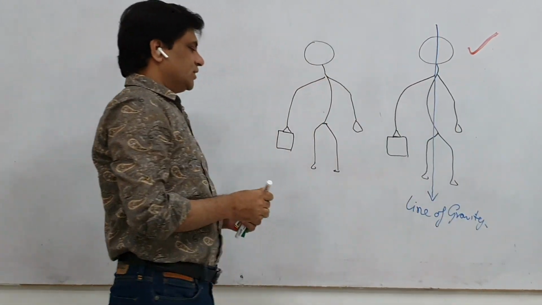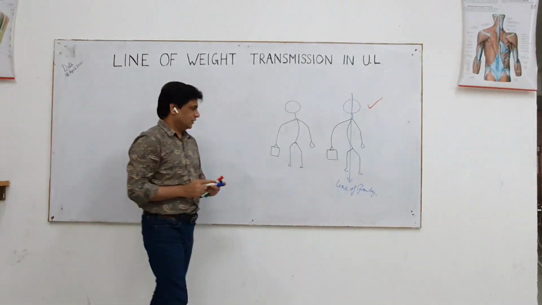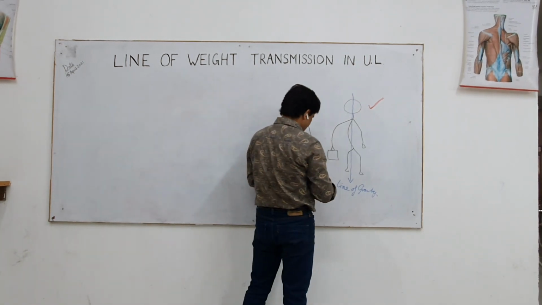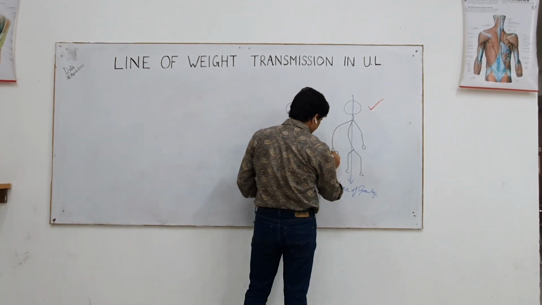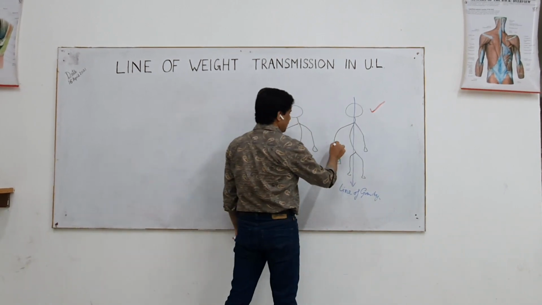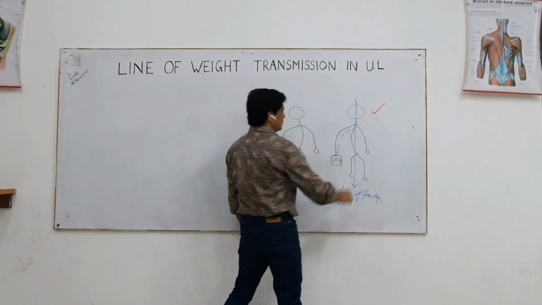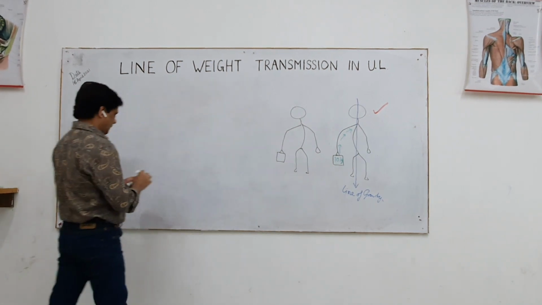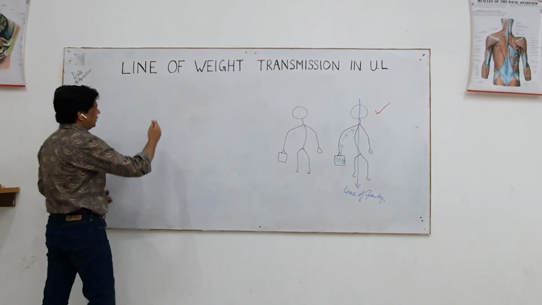Now, talking about this line of gravity, how is this weight, let's say of 10 kg, being shared to the axial skeleton? Now look here.